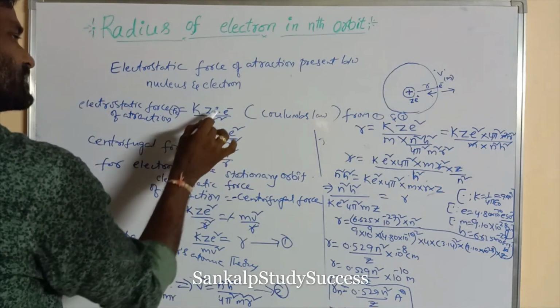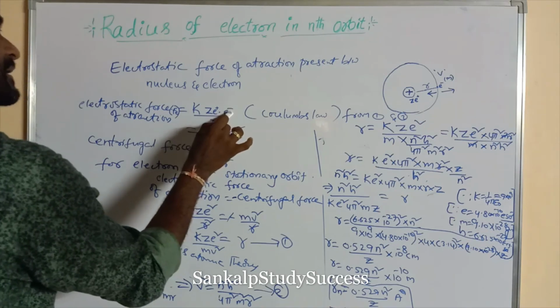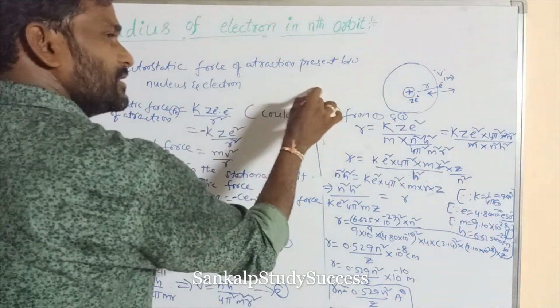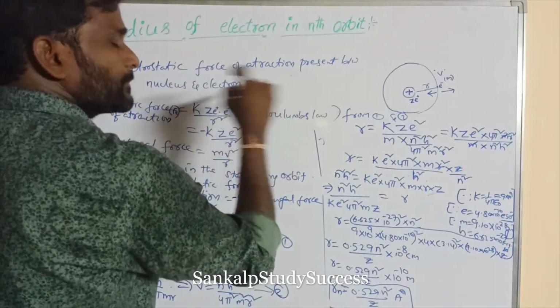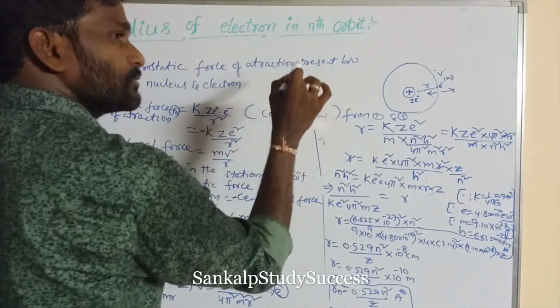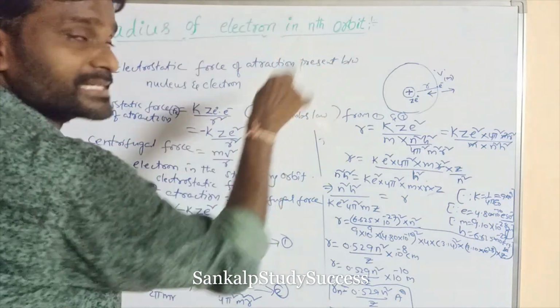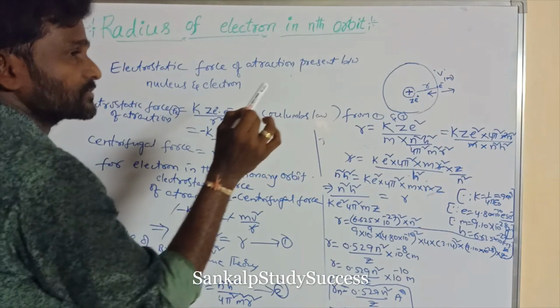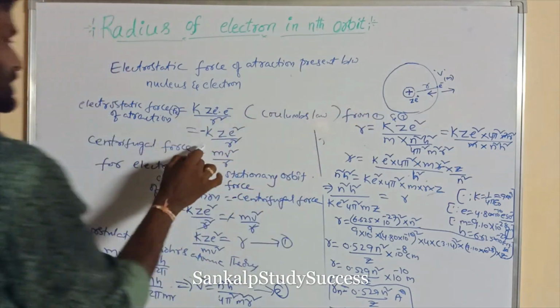Now here, the charge of proton and the charge of electron are of opposite sign. So the charge of proton is equal to plus 1.60 into 10 to the power minus 19 coulombs. Charge of electron is equal to minus 1.60 into 10 to the power minus 19 coulombs. Plus into minus, right?